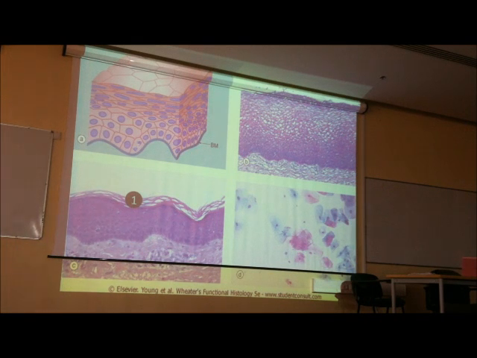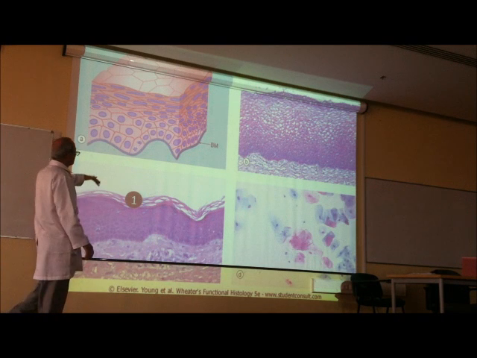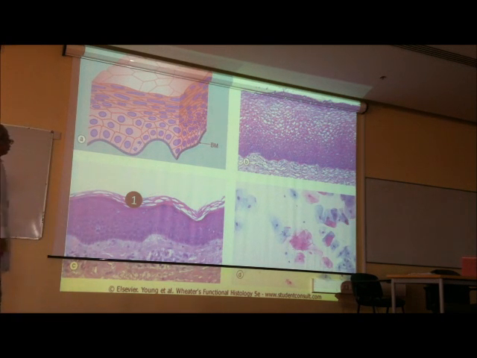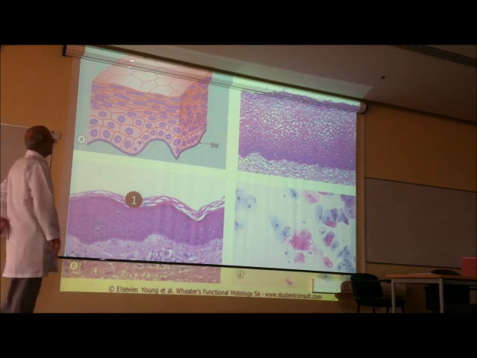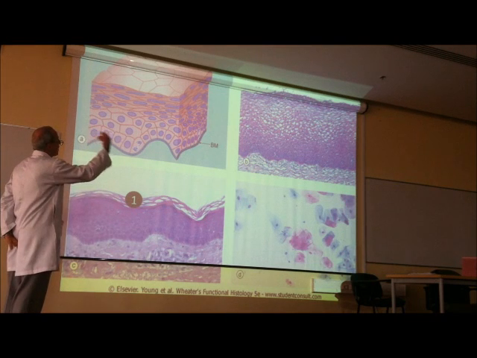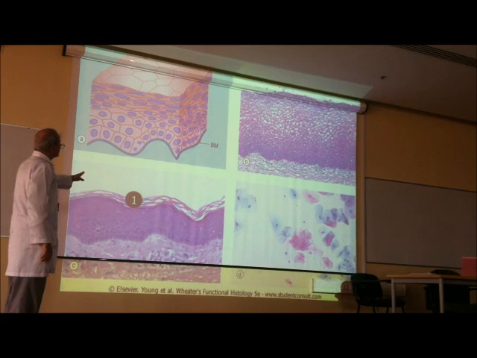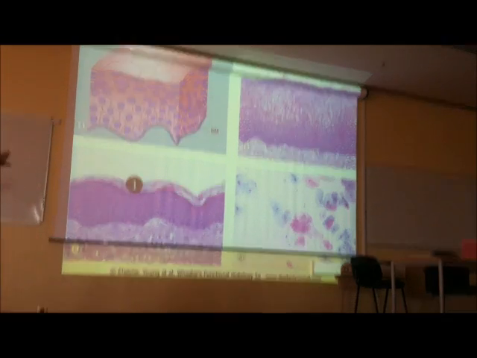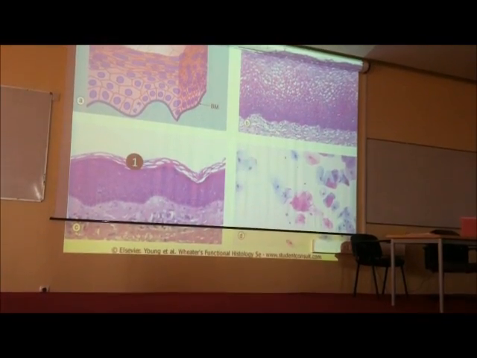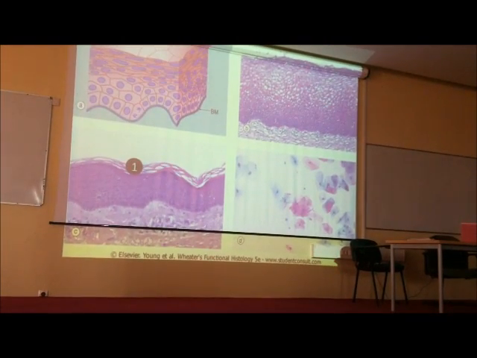Okay. What is the type of epithelium on the upper right corner and the type of epithelium on the lower left corner? Which one is stratified squamous non-keratinized, the upper right or the lower left? Upper right. And the lower left? Stratified squamous keratinized.